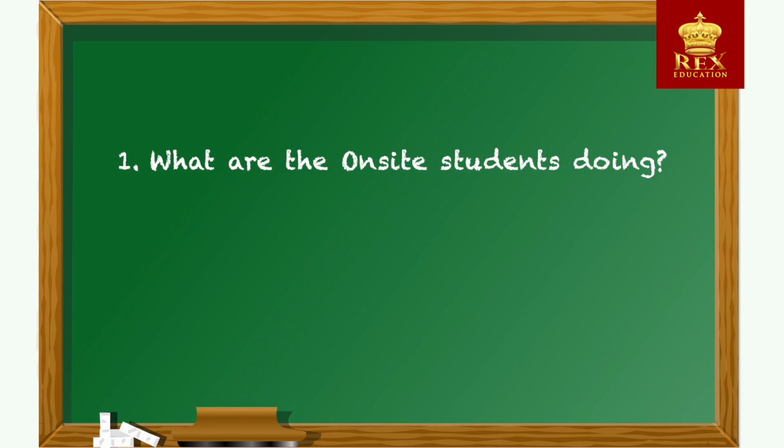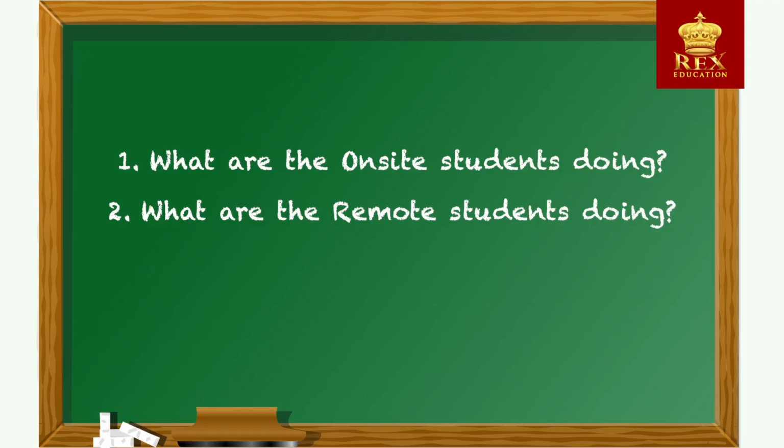So the 3 questions are: first, what are the on-site students doing? The first one was about what the on-site students are taking up. This time it's about pedagogy. So what are the students doing during the lesson? The second question is, what are the remote students doing? The third is, how will these be implemented? How will they do these tasks?